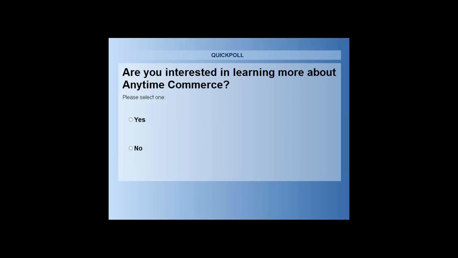That's why we partnered with them for Anytime Commerce, because it's the same thing. We're calculating the sales tax based on the same information we had in the back office. The only difference is we're taking the order via the web, and then when we push that order back over to the ERP system, the sales tax we're just pushing back into that field because we've already calculated it using the same Avalara engine.